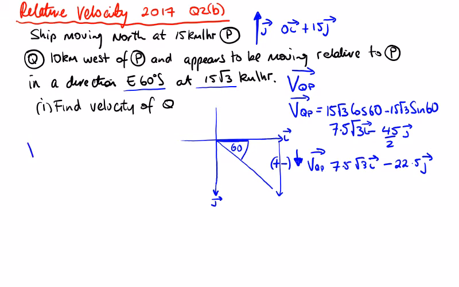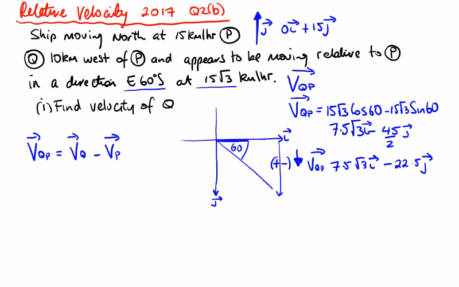Coming across to the left, the velocity of Q relative to P is equal to the velocity of Q minus the velocity of P. So what do we have? We have the velocity of P, 0i plus 15J.